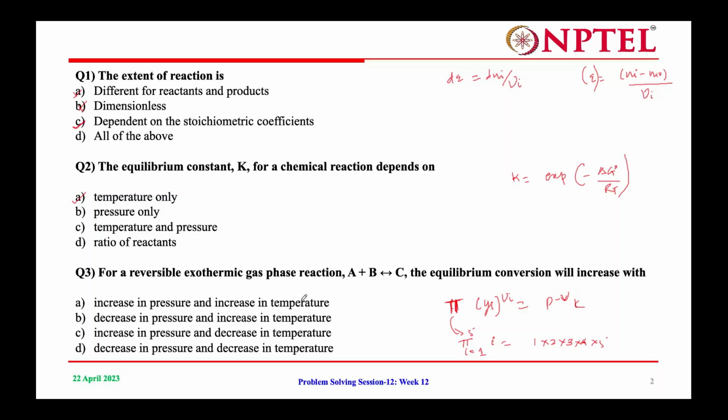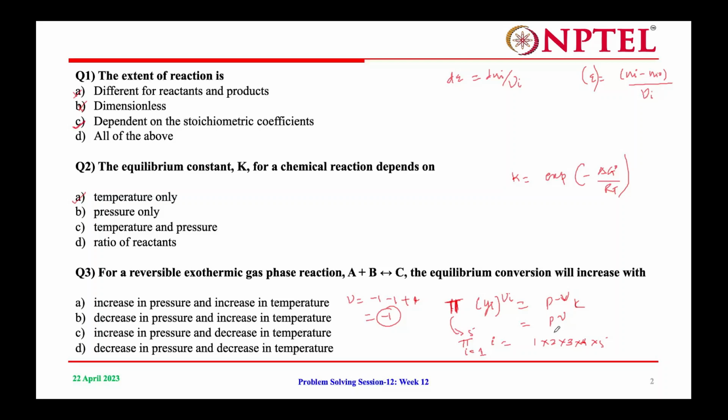So exothermic. Here the total stoichiometric coefficient equals -1, since A and B are reactants with -1 each and C is the product. Here the total stoichiometric coefficient is negative, so it gets positive.